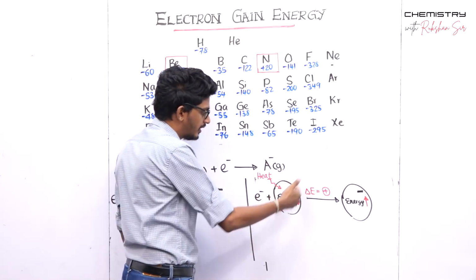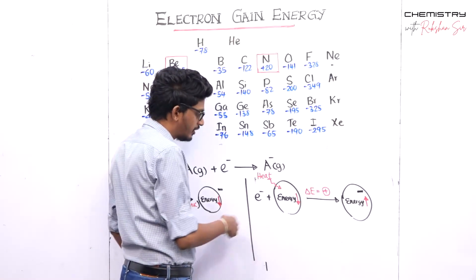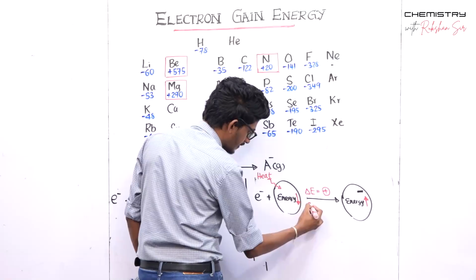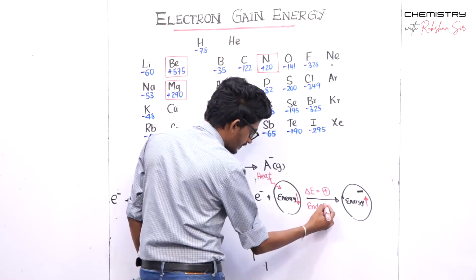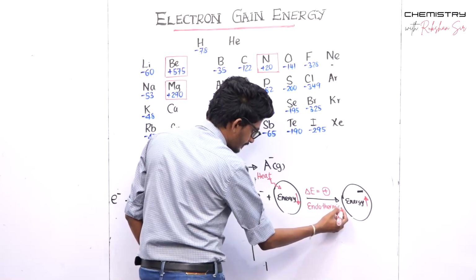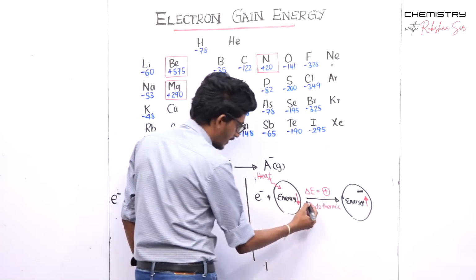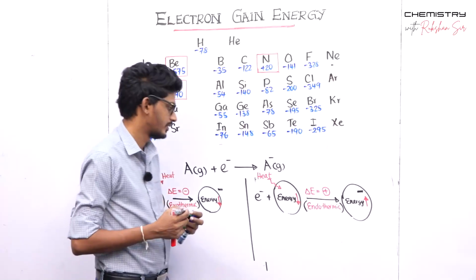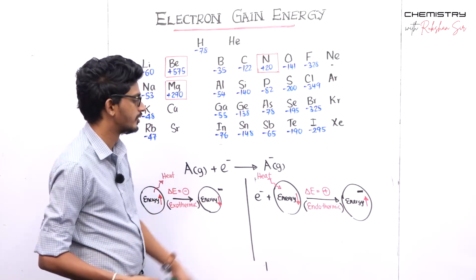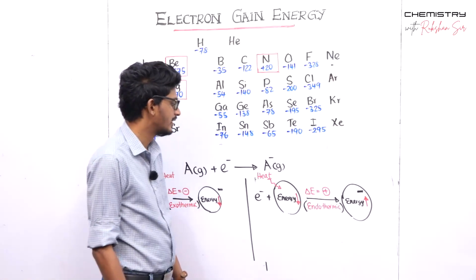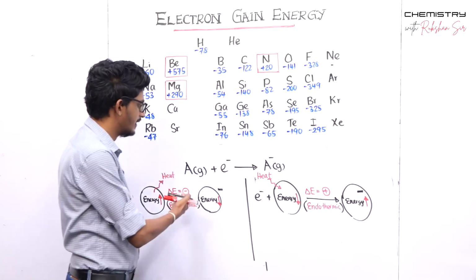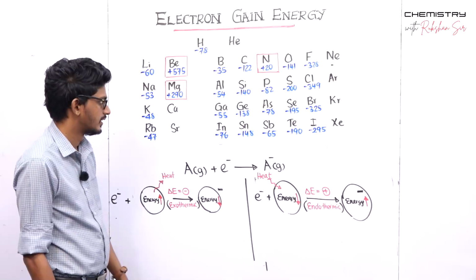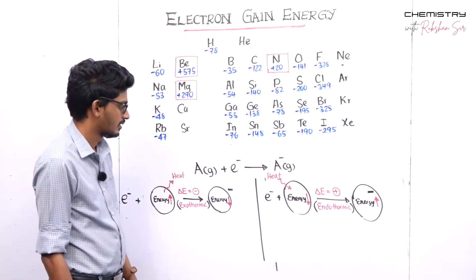So positive electron gains are also referred to as endothermic processes, endothermic electron gains. The heat is absorbed by the atoms to come up with positive electron gains. That is what these negative and positive signs mean in the electron gain numbers.